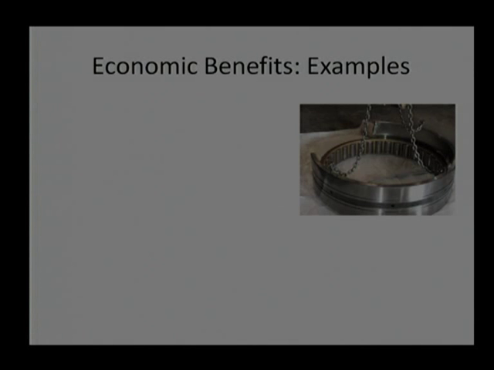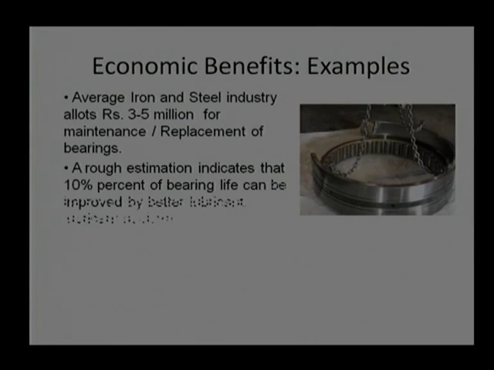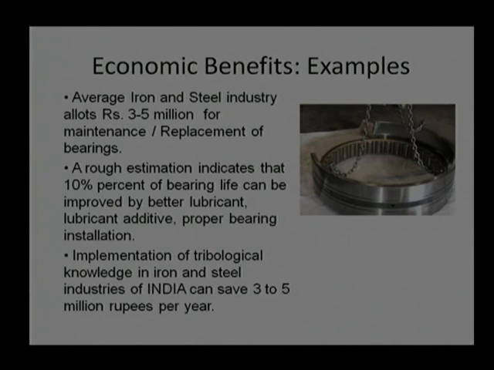So, where is the percentage? 100 hours versus 40,000 hours. 40,000 hours is a very huge amount, almost 4 to 5 years, while this turned out to be less than 1 month. Now, this kind of bearing is very common in the steel industry, and we know almost every industry uses bearings. So, I am taking only this one example.